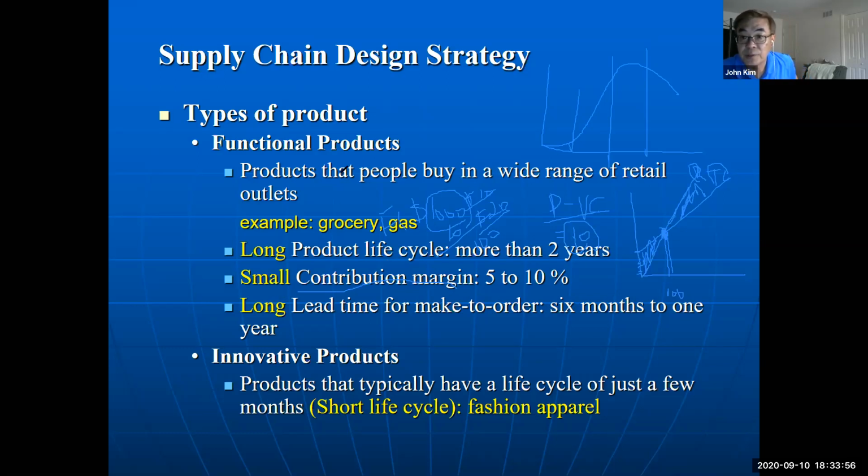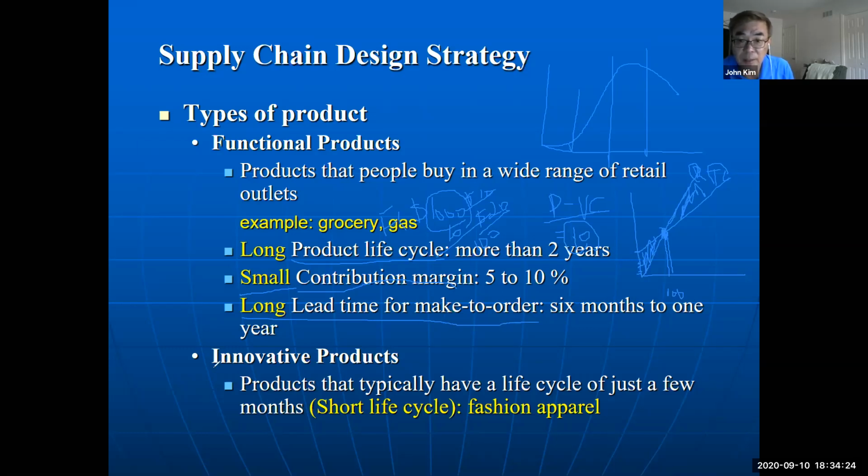So for functional products, contribution margin is usually small because life cycle is long. Contribution margin small, no problem. And lead time is usually long.